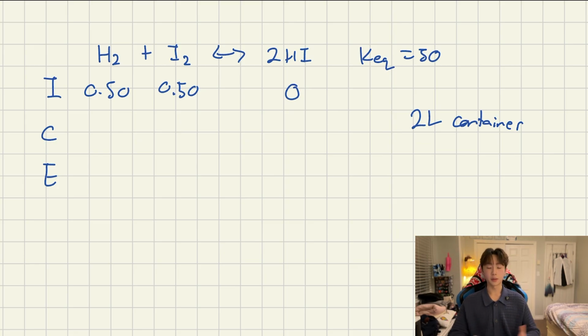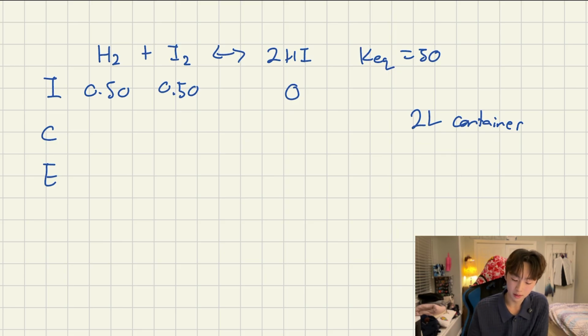So now what can we do? Well, we don't know how much is going to change, and we don't know what the final equilibrium concentrations will be, but we do know the KEQ, and that's going to help us out later. So what we can say for now is the change is going to be minus x.